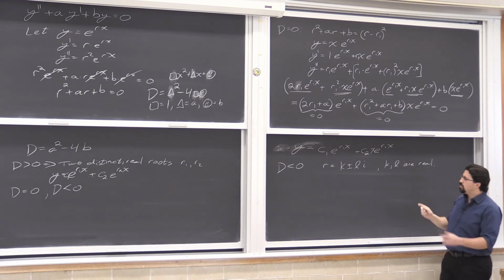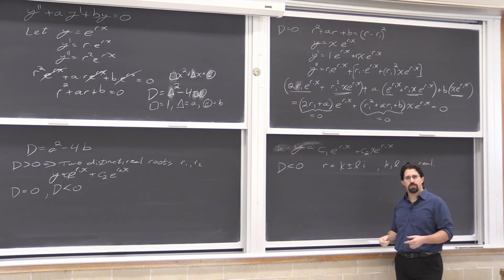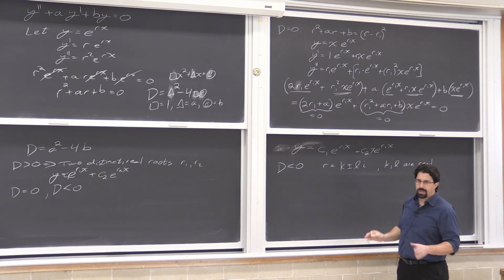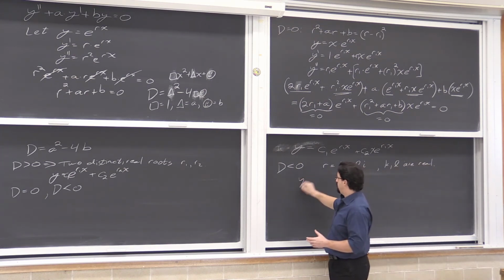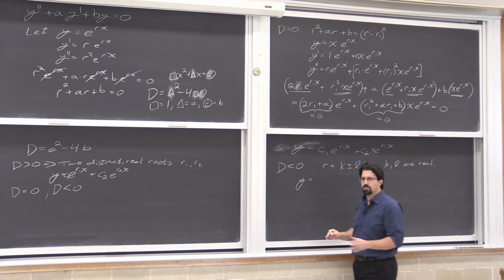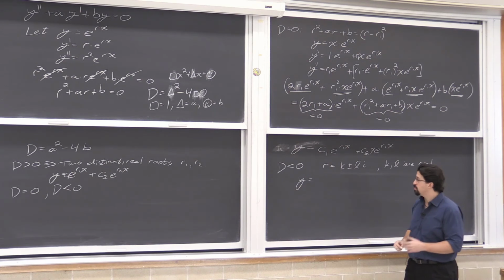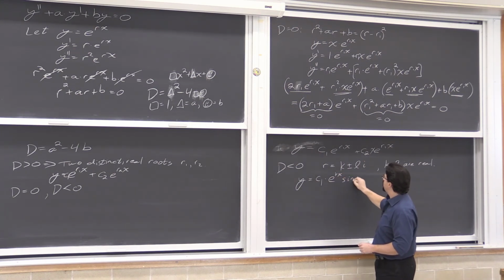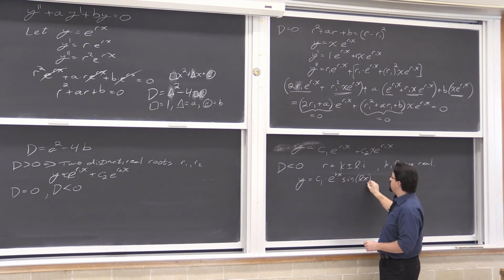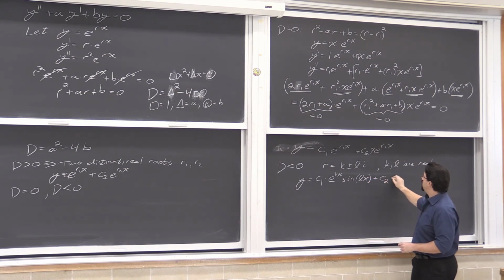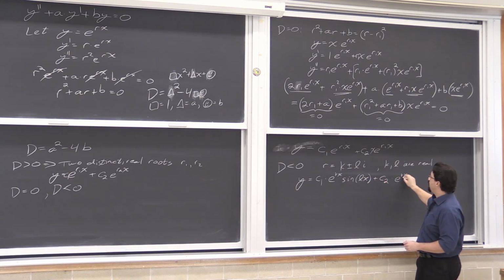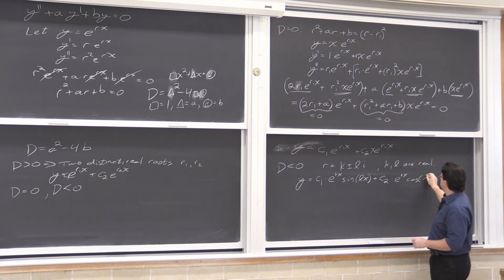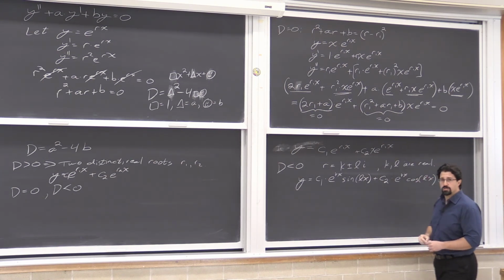Okay, so we have these 2 complex numbers, and originally there's no obvious reason why this is going to be the case. We're going to have some constant c1 times e to the kx times sine of l x plus c2 times e to the kx times cos of l x.